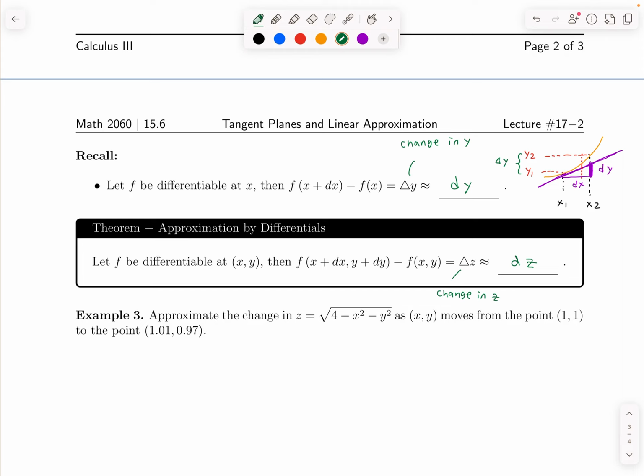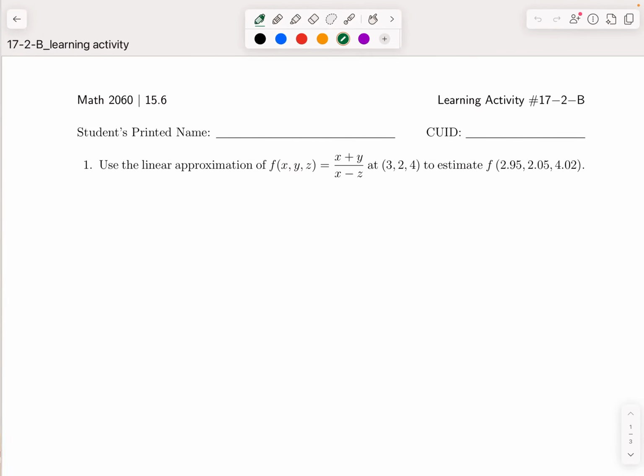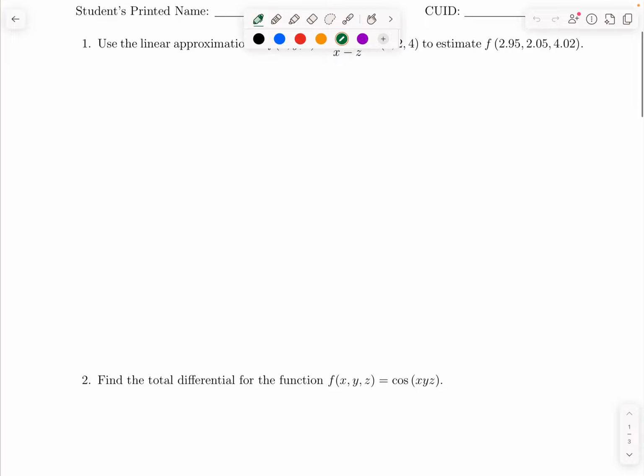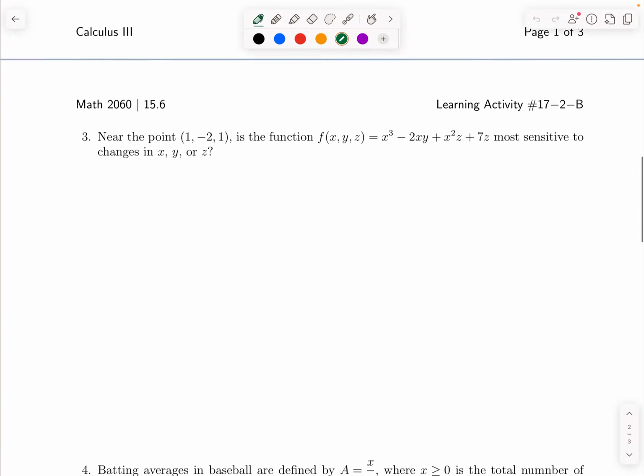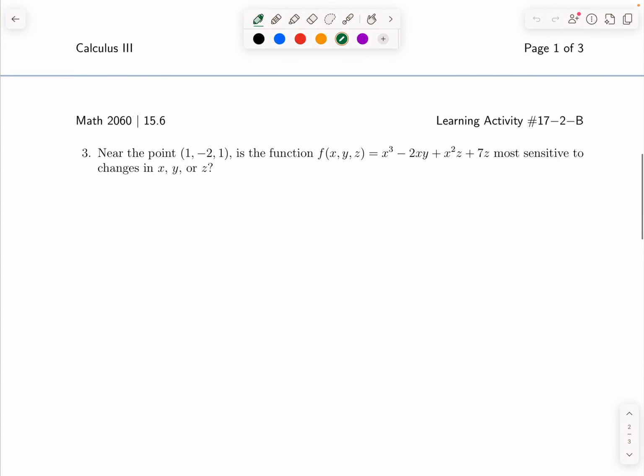Now before we practice example 3, let's take a look at learning activity 17-2-B, and we will take a look at number 3. The question asks you, near the point (1, -2, 1), is the function most sensitive to changes in x, y, or z?